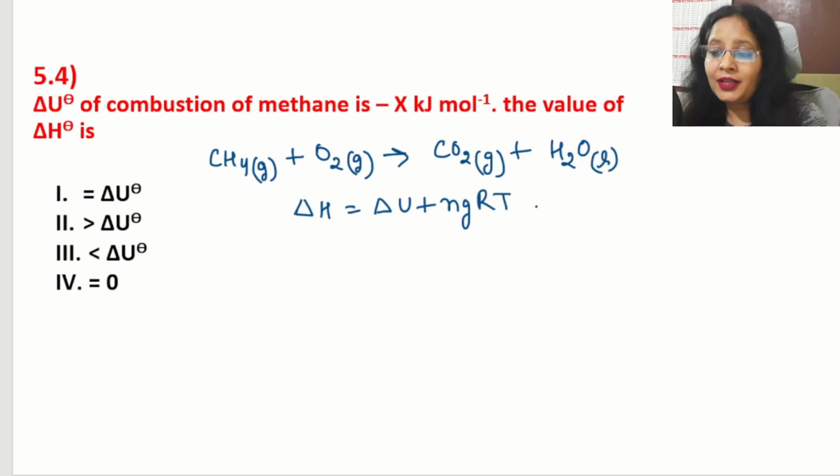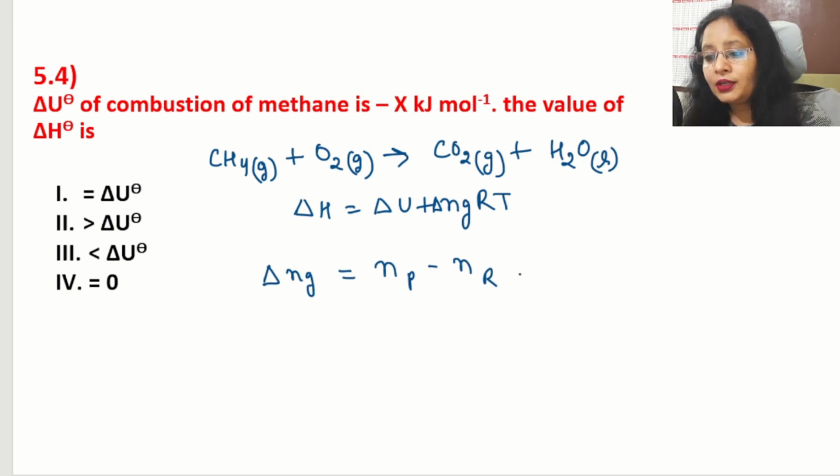So in this whole reaction, it is delta Ng, sorry. So what is the value of delta Ng? Calculated, it means number of moles of product minus number of moles of the reactant.